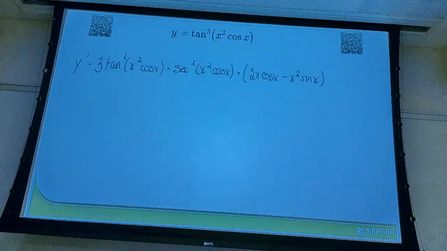Now simplify. How deep do I want to go? Do it this way.